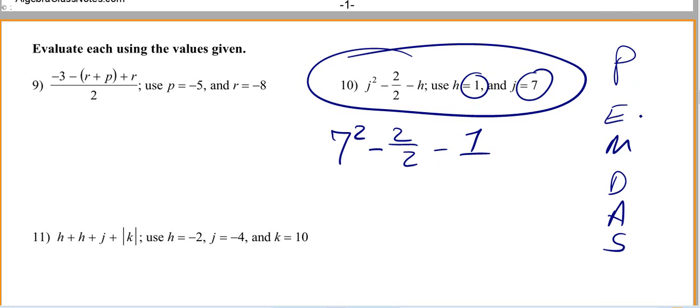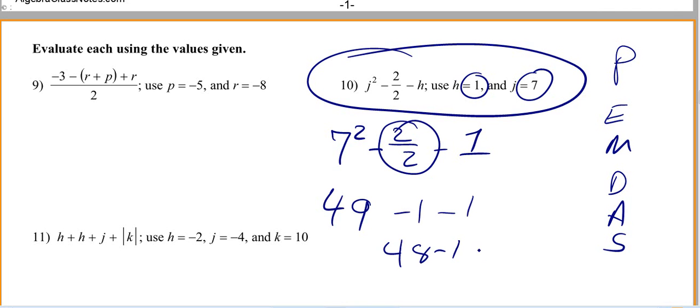Every time I would do these problems in the beginning, I'd write them down. Exponent, 7 squared, or 7 times 7 is 49. Well, if you know anything over itself, it's just 1. So 1 minus 1. So you've got 48 minus 1. And that leaves us with 47.